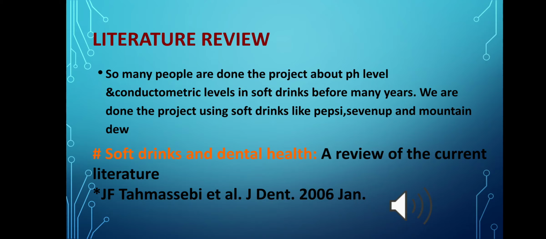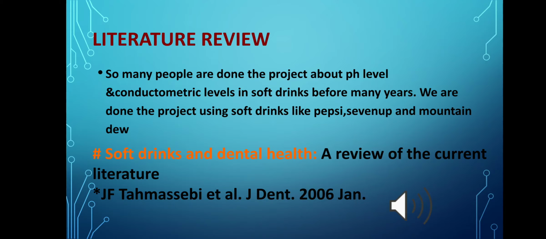Now we discuss the literature review about soft drinks. The literature review is completely based on the experiments of pH meter titration and conductometric titration. Now we discuss the review of soft drinks and dental health, a review of the current literature.